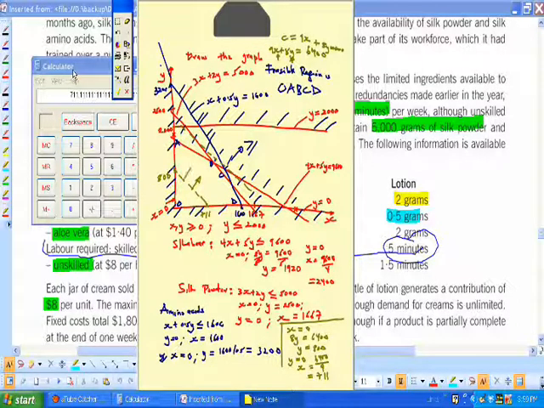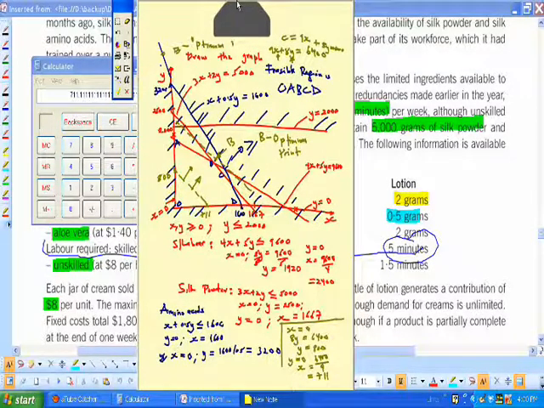So what I'm doing is I'm sliding the iso contribution line, and it's ending up with point B. Therefore point B is the optimum point.